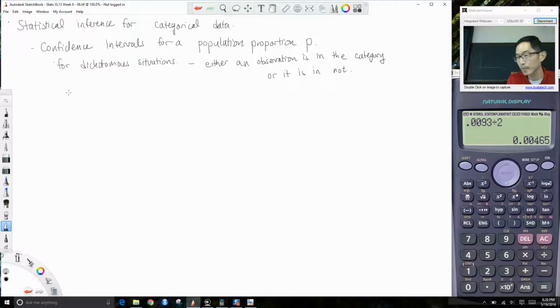And so in this case, n would be our sample size, and y will be the number of quote-unquote successes, or the number of observations in said category.